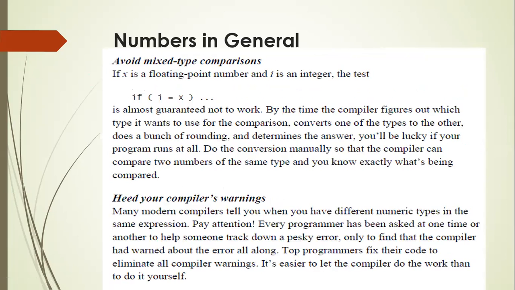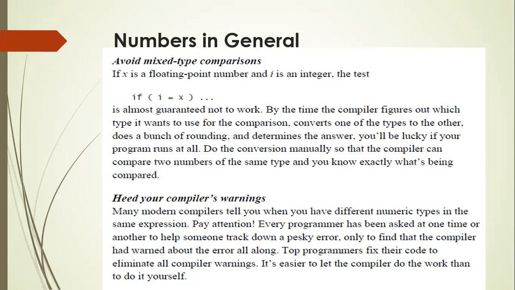Another tip is we have to avoid mixed type conversion comparisons. If we are comparing two values which are of different data types, we cannot compare them. The data types must be the same in order to compare their values. Like suppose we cannot compare the integer with the string. We cannot compare float with the integer.